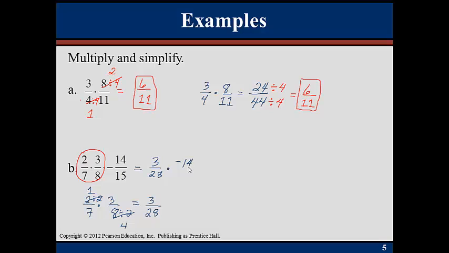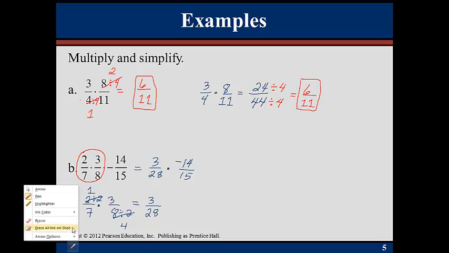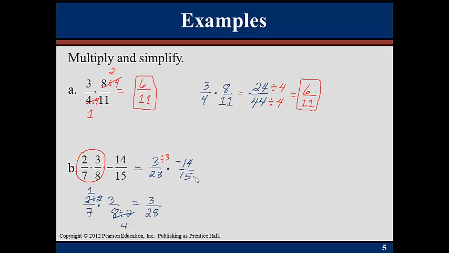times negative 14 over 15. Now we're going to multiply these fractions together. We can cross simplify the 3 and the 15, divide both by 3, and this will become a 1, and this one will become a 5. Then we also can cross simplify the negative 14 and the 28.